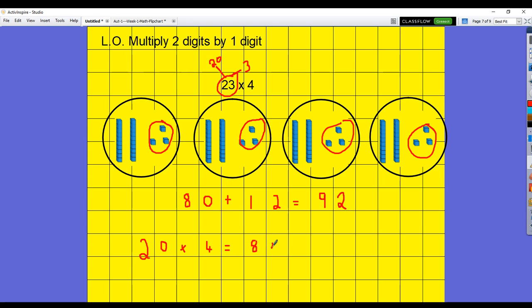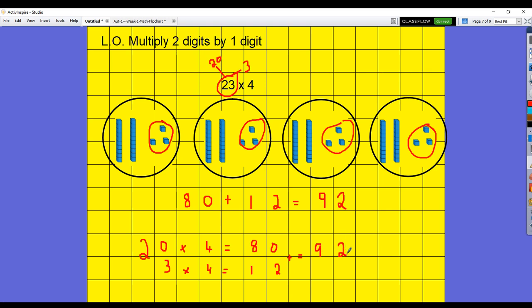So 20 times 4 is 80. And then 3 times 4, which equals 12. And then 80 add 12 equals 92, like we've just worked out. Okay, so again, there are 2 ways there where we have worked out 23 times 4.